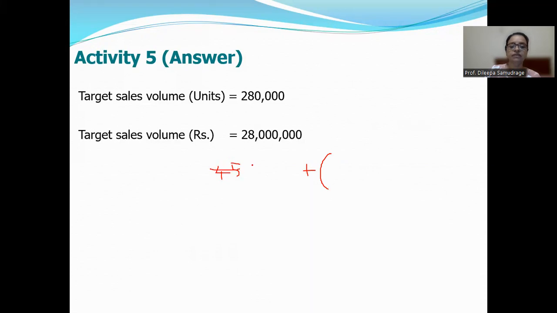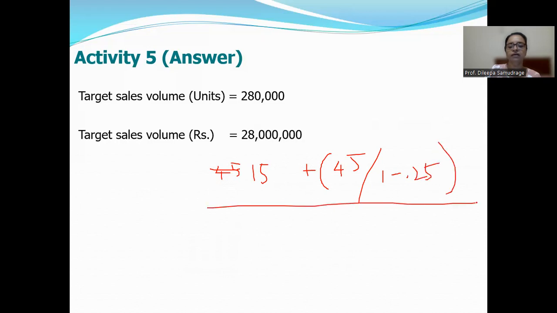Not 15 million, but the profit after tax is 4.5 million net. So this one you have to divide by 1 minus T. Tax rate is 25%, so therefore 25. Then contribution is how much? 75, net. Is this correct? Yes, madam. Yes, 15 million.